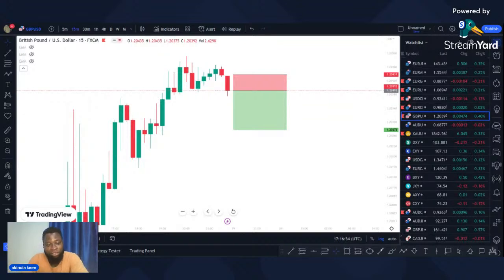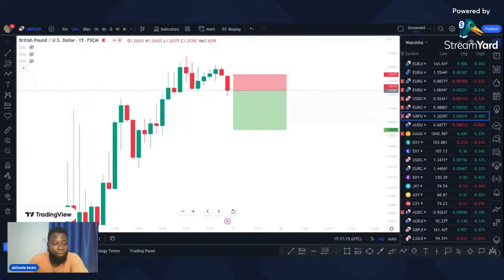So if I place a trade on a 4 hour chart or daily time frame, definitely I'm going to leave the trade overnight, because the signal from higher time frame is more original.